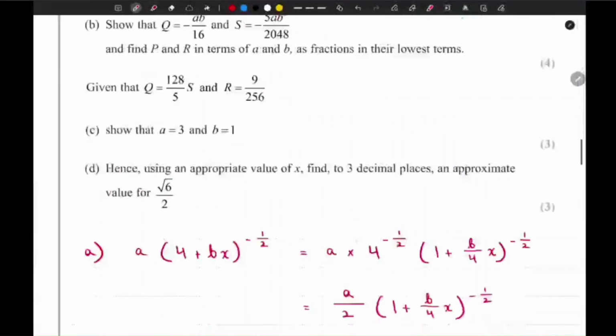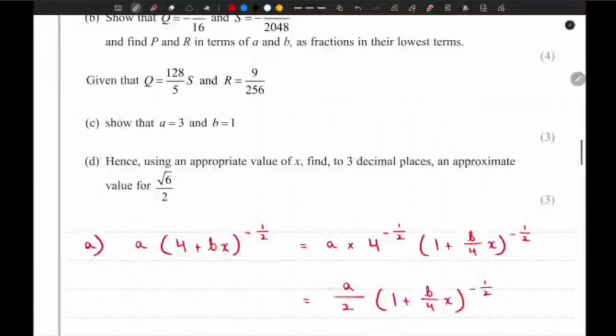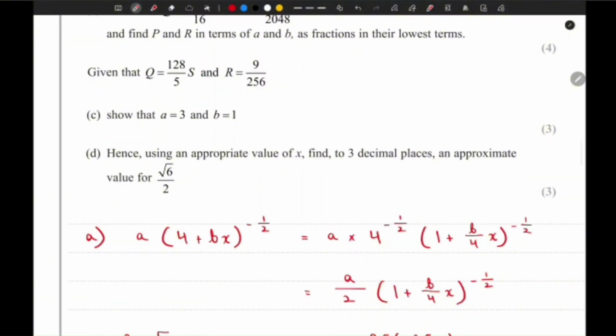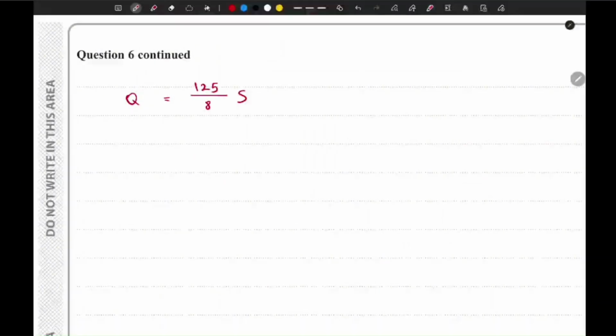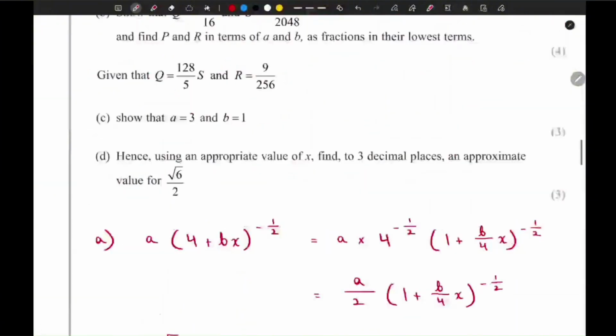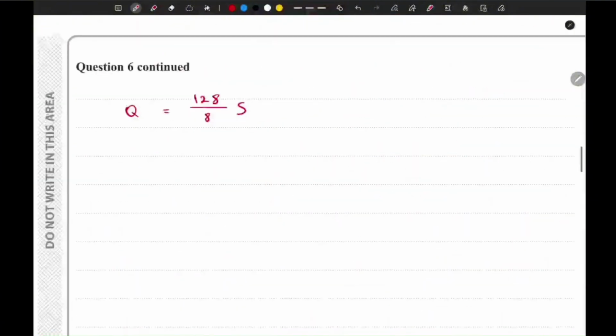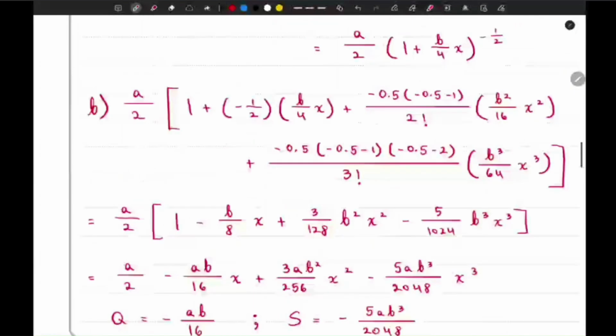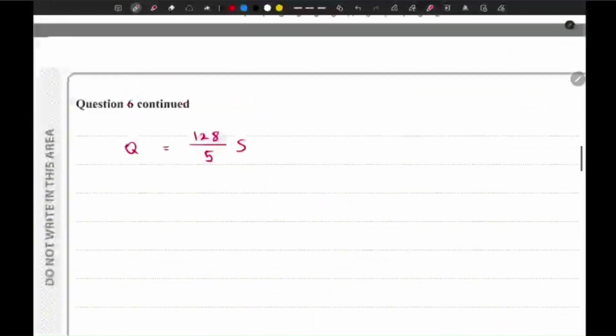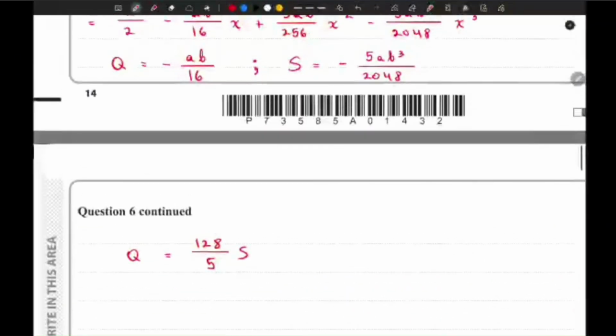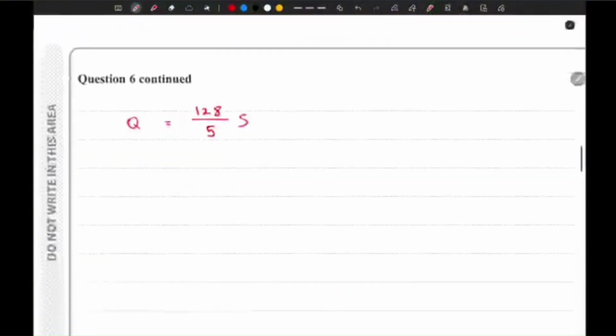Now moving on to part C, they have given us the value of Q as 128 over 5 times S. Okay, so let's first work with this. Q is equal to 128 over 5 times S. And we know that the value of Q is negative AB divided by 16.